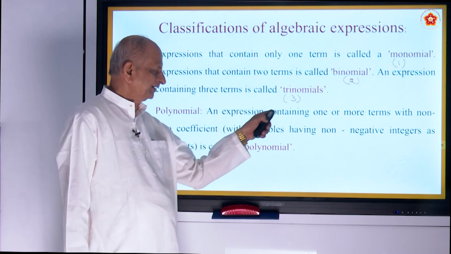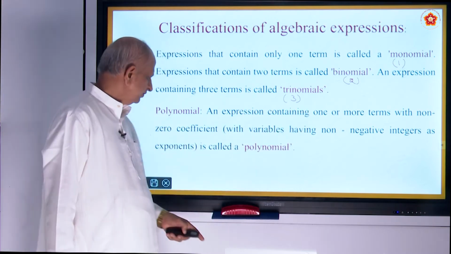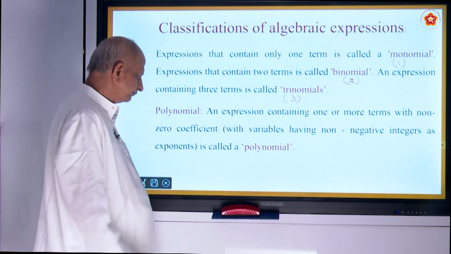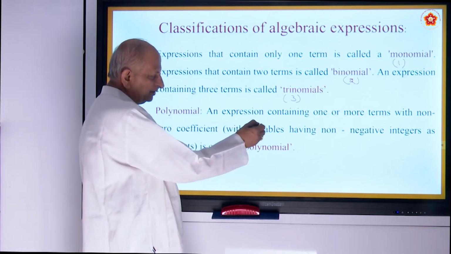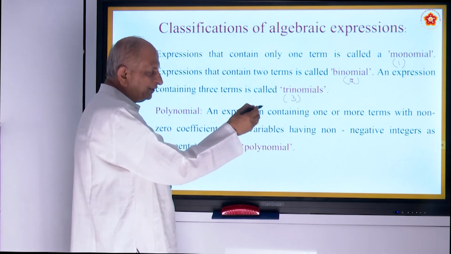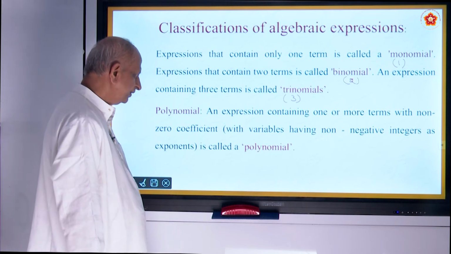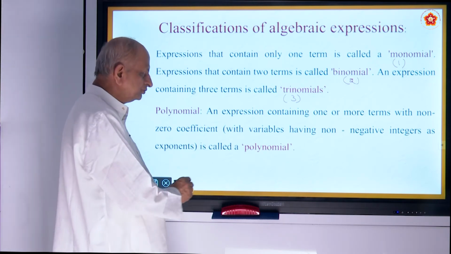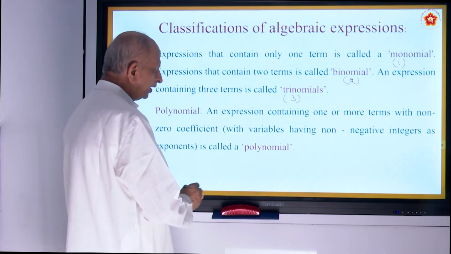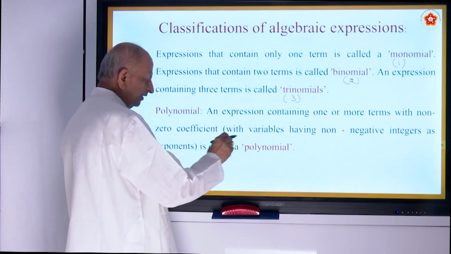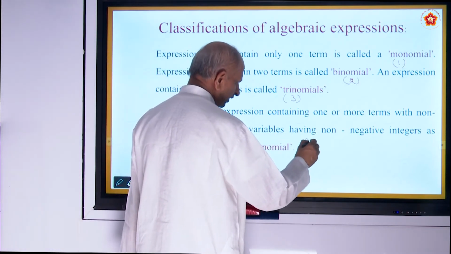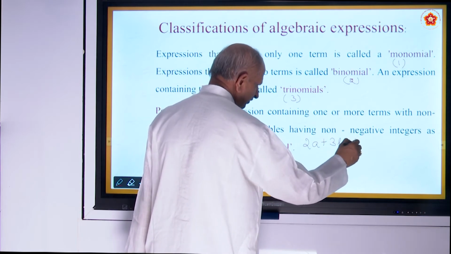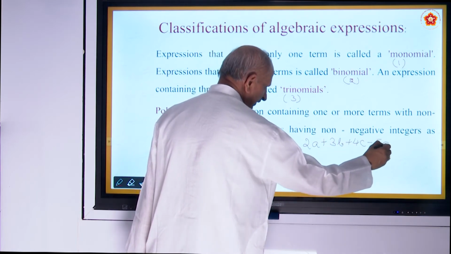An expression containing one or more terms with non-zero coefficients, with variables having non-negative integers as exponents. So, one or more terms, for example, 2a plus 3b plus 4c minus 5d, like that.